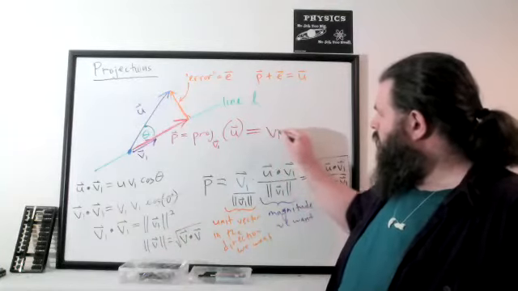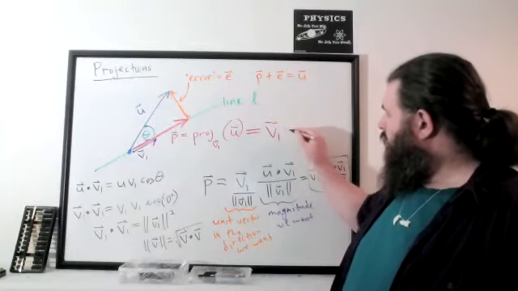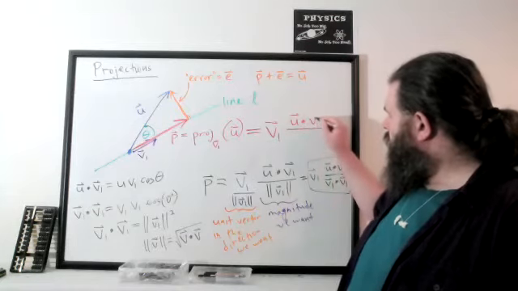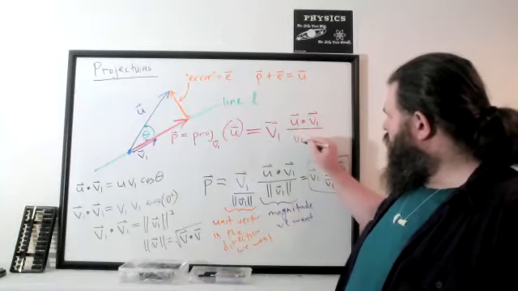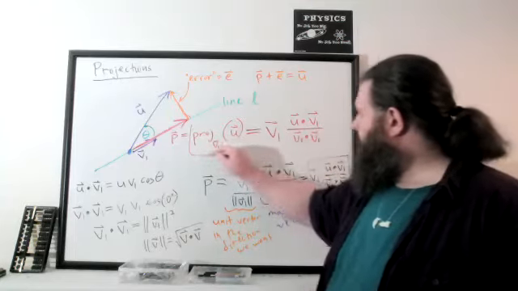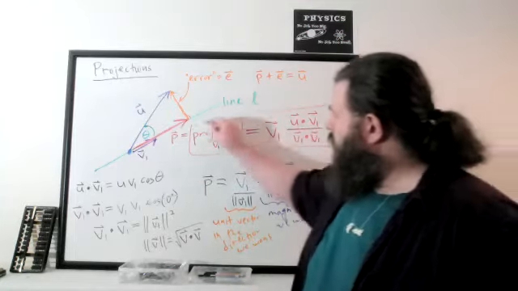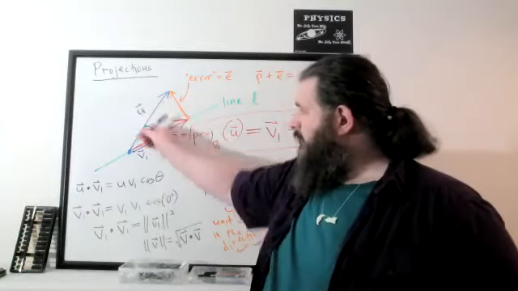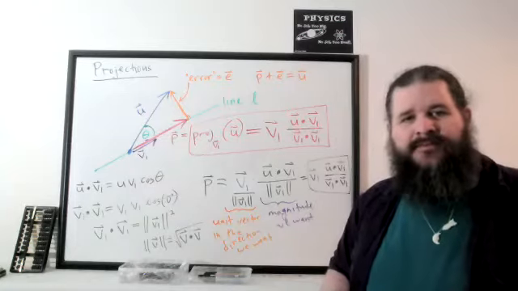Vector v1 to establish direction times this ratio to establish the correct size. So this formula should generally work anytime you're taking any vector and projecting onto the direction of any other vector.